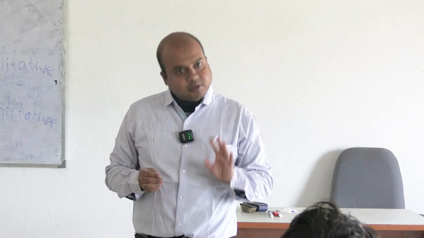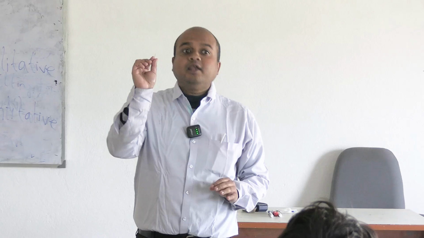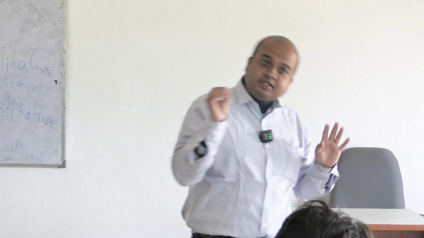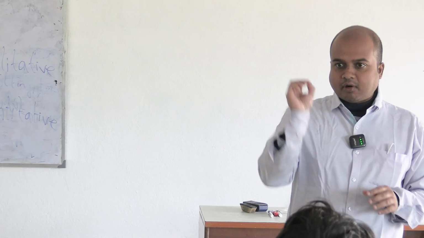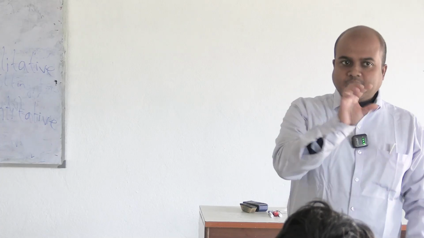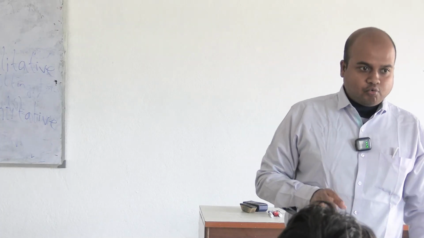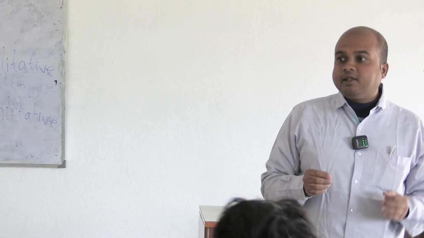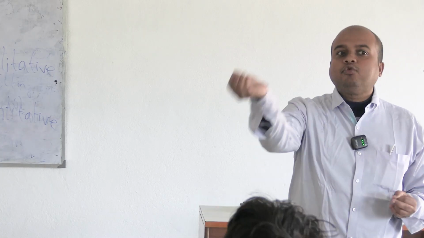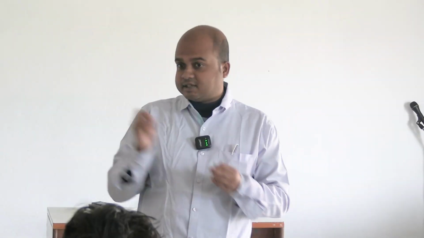So factor 7 will also act, but specifically the glass contact factor, factor 12, takes the primary pathway when it comes into contact with surfaces like this. This will activate factor 12.